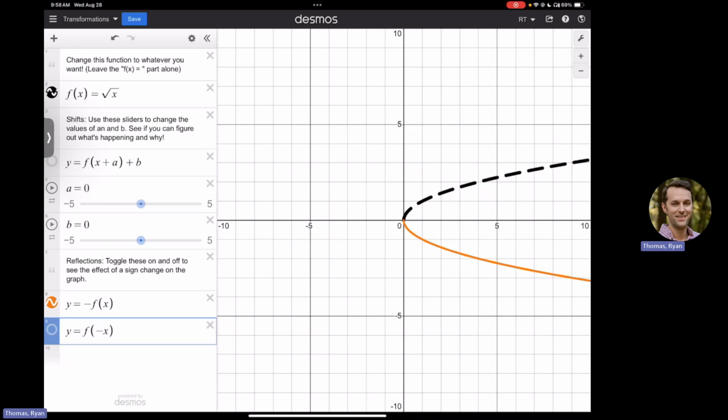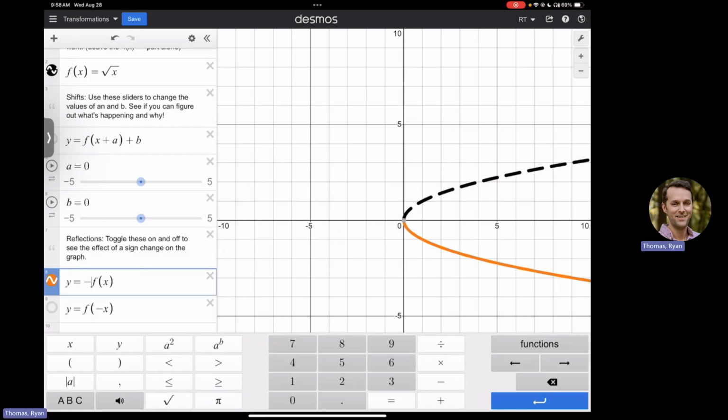So what's happening here is that the x-axis stays put, but what that negative does is take all of the y values and force them to be the opposite in sign. So if they were positive before, now they're negative, or vice versa. What that does is reflect over the x-axis. So negative out in front or on the outside of the whole thing is an x-axis reflection that's going to flip the graph upside down.